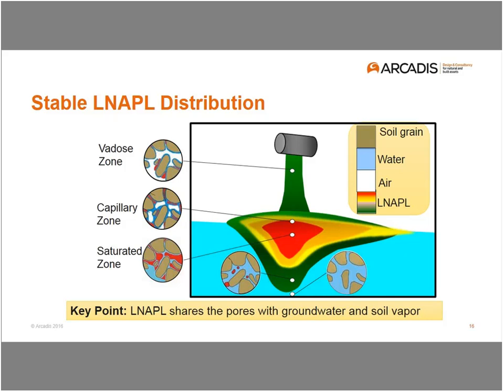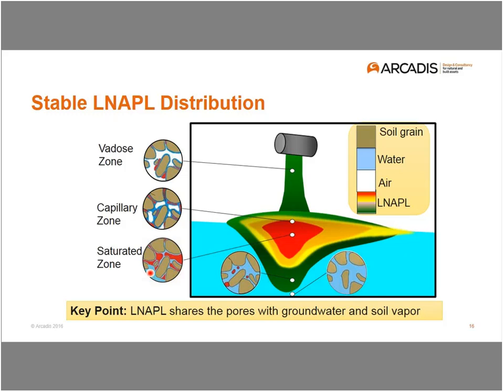As you get down to the capillary zone, you start closing off. You no longer have a continuous air phase, so the air can't move. But still, the water is here coating the soil grains, and the NAPL is existing in there mixed in with the water. And then you move down into the saturated zone. You get rid of all of the air.